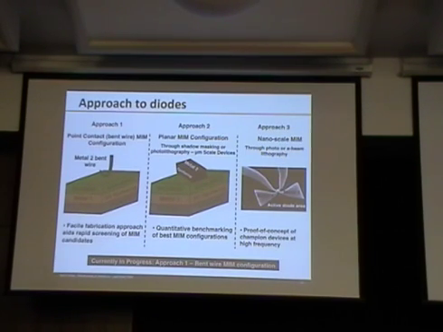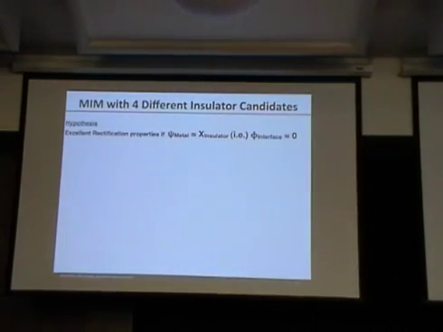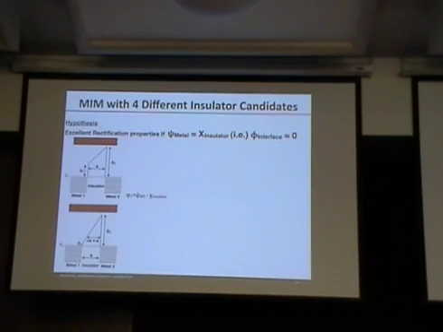People have made point contacts and have demonstrated them to rectify at very, very high frequencies. But he used this along with a set of particular choices of these MIM constituents in order to look at what happens when he changes the work function of these two metals and the insulator.